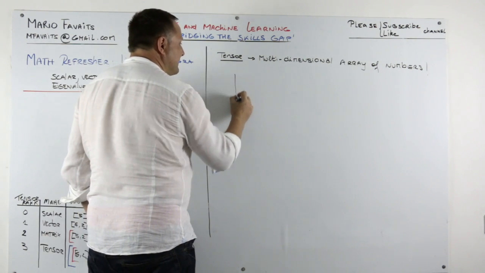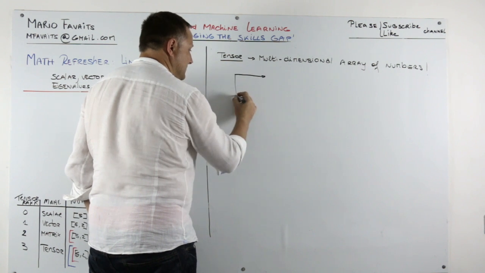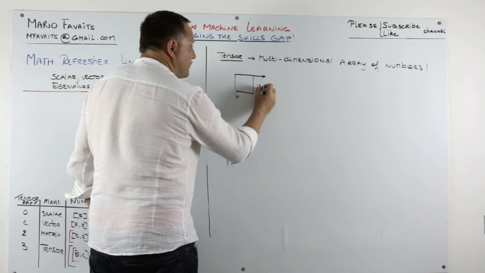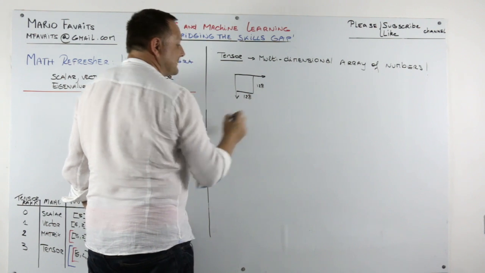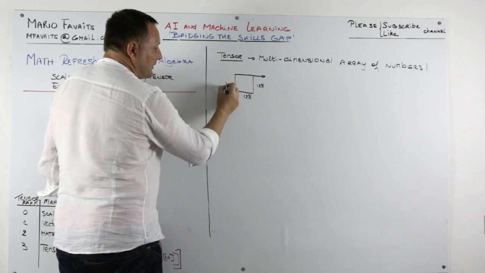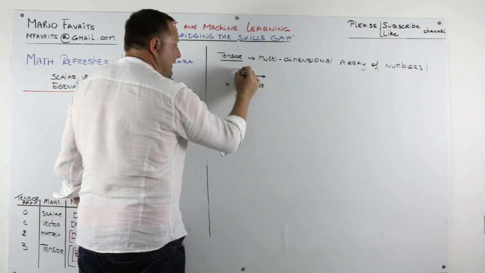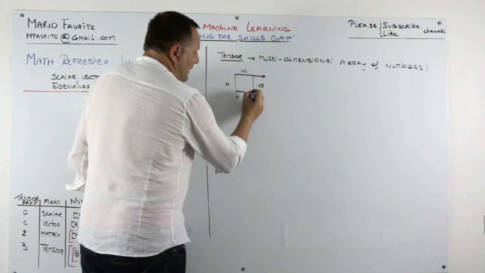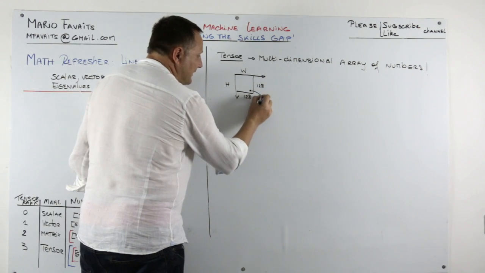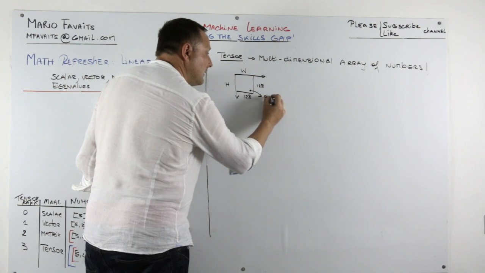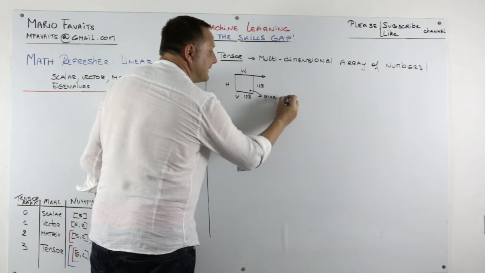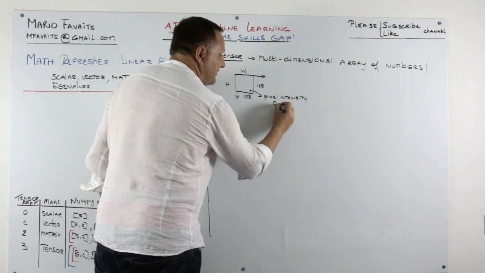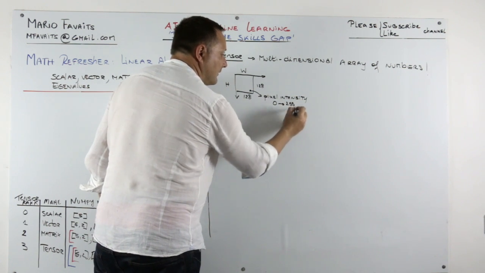First example is a grayscale image. Assume we have a grayscale image, 128 by 128 pixels. So this we call the height of the image, and this we call the width. Now, each pixel has a pixel intensity, and that goes from 0 to 255.